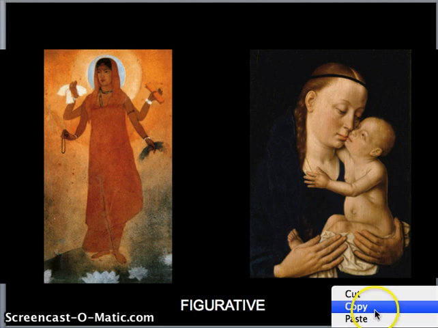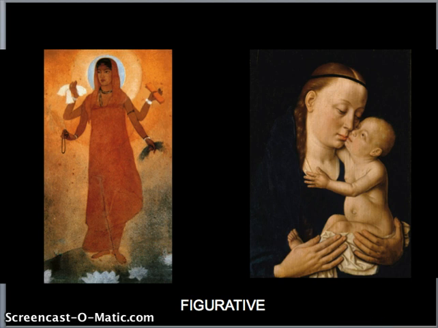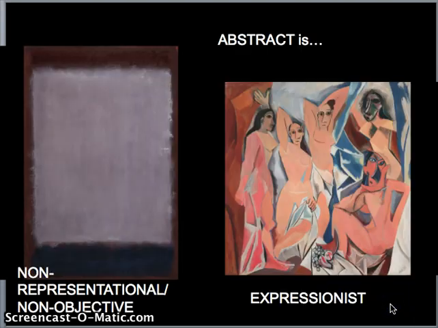Sometimes they seem really wacky, right? For instance, let's see here, the Rothko. It's just these blurry color fields, right? We can't identify it. What is it? Rothko's asking us to evoke memories or emotions or feelings when we view his work.